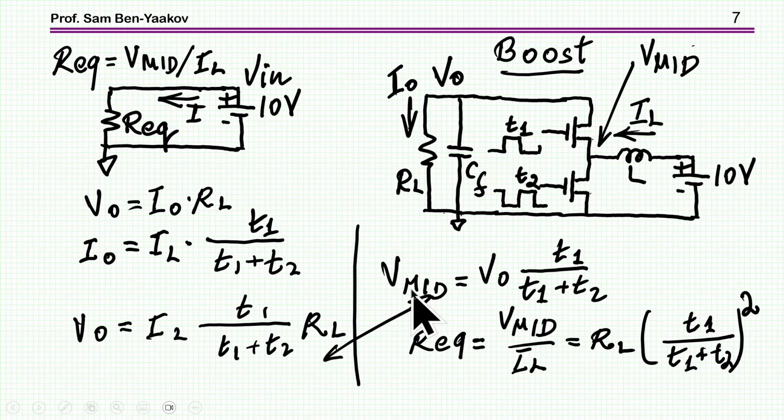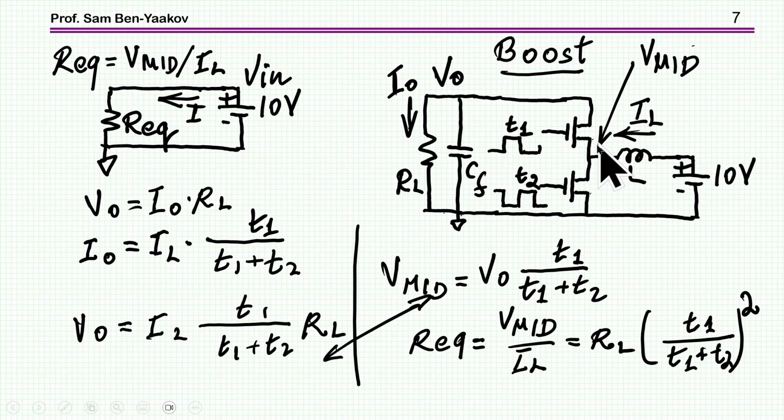And then the midpoint voltage is also a function of the output voltage, because the high side is turned on during T1, so the average voltage seen when looking into this midpoint is V out times T1 over T1 plus T2. This is the voltage at the midpoint.